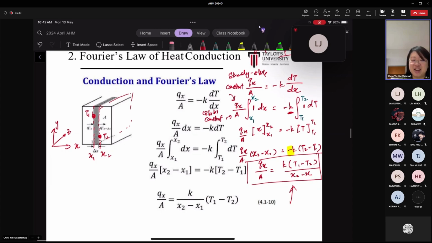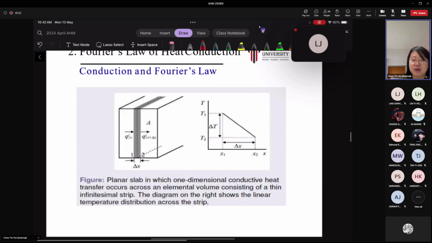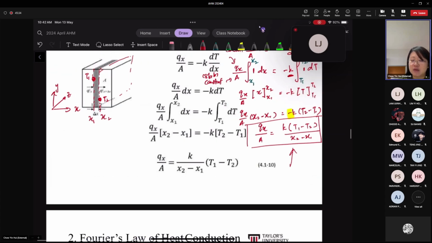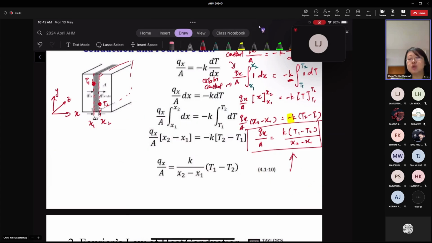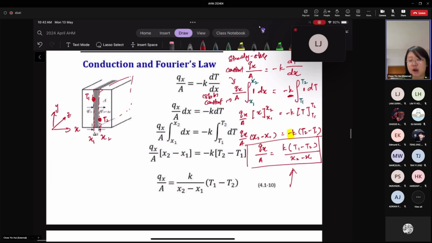Now, if you have this equation and you're interested in how the temperature will vary with the distance, then you can substitute some values here to find out.